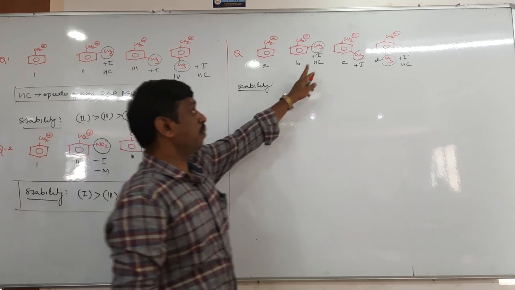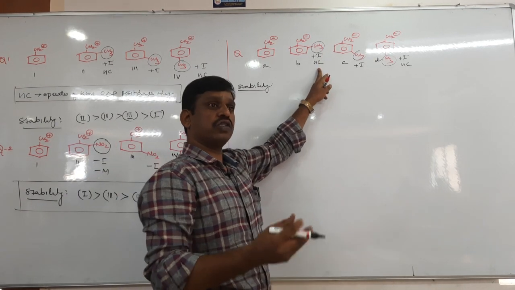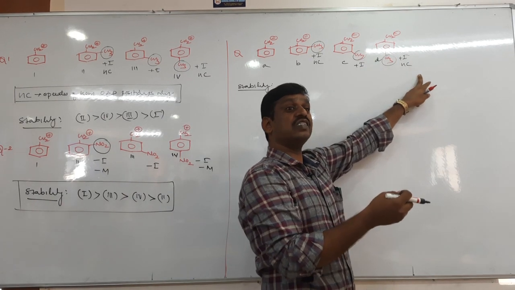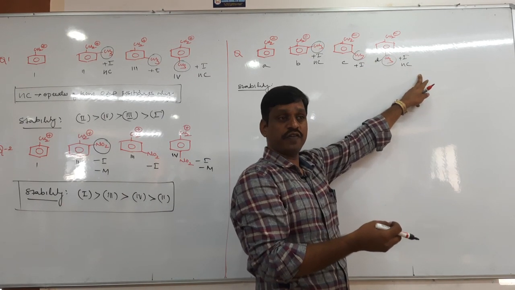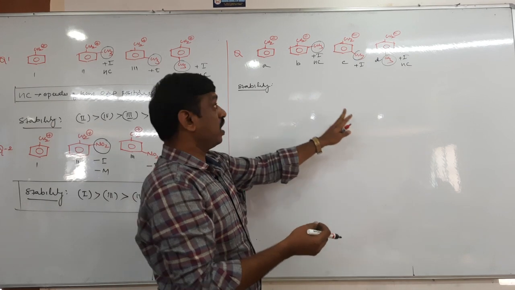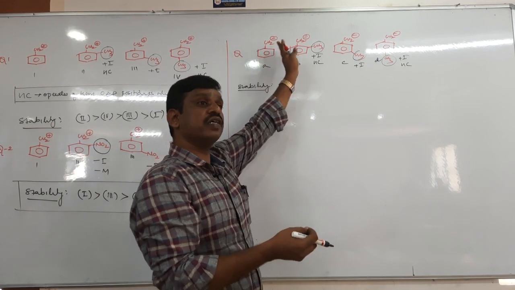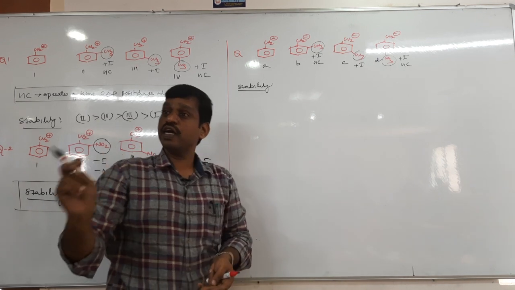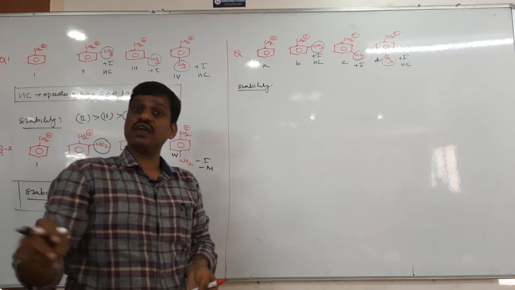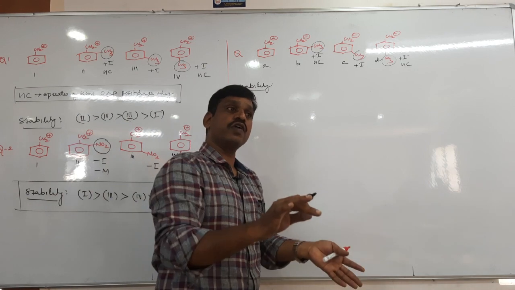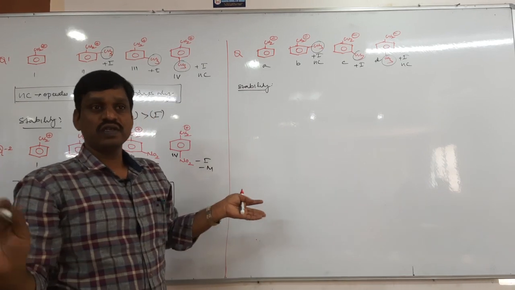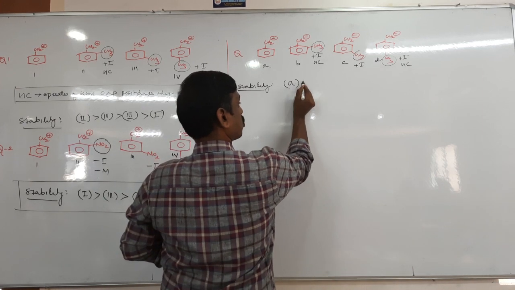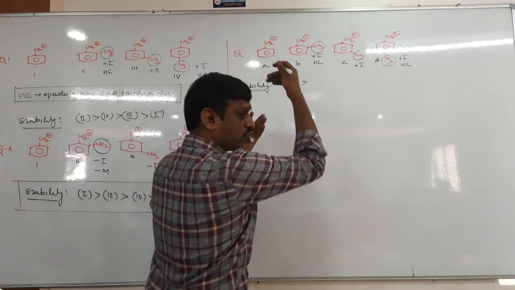It means plus I and hyperconjugation both are electron releasing effects. Therefore, when electron releases, the stability of anion decreases, right? Anion becomes more stable if there is electron withdrawing group. If not electron withdrawing group, there should not be a group. Therefore, tell me now, which is more stable? A is more stable because there is no electron releasing, no, of course, withdrawing.